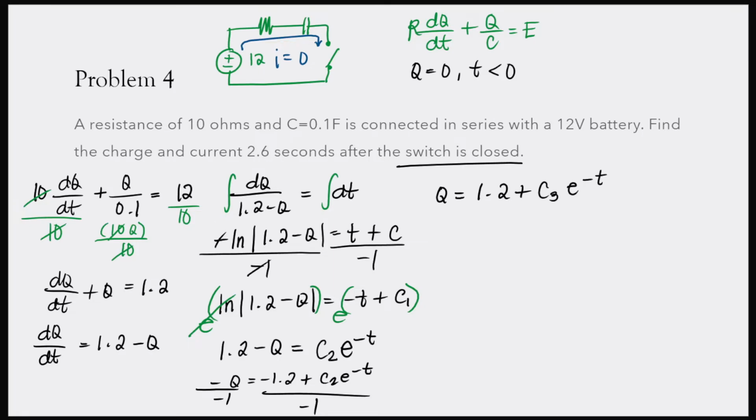So, we can now solve for the value of C3, the arbitrary constant. We have 0 is equal to 1.2 plus C3 e raised to negative 1 times 0.